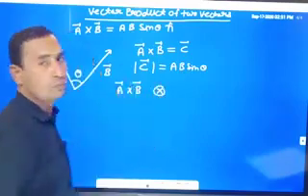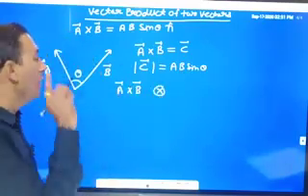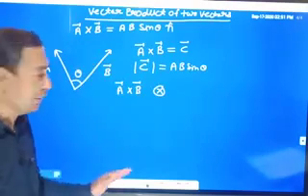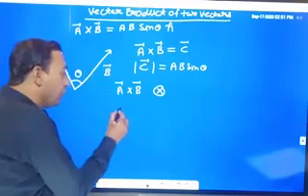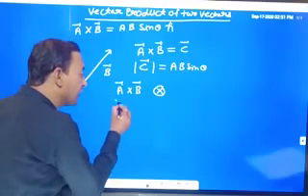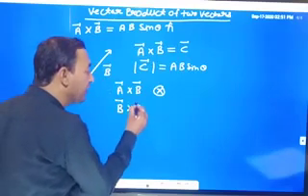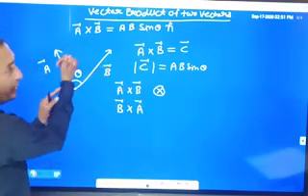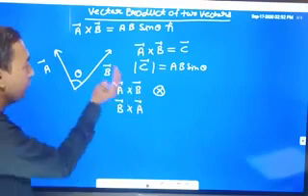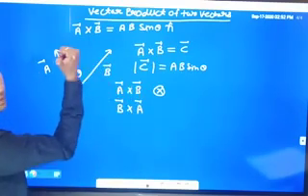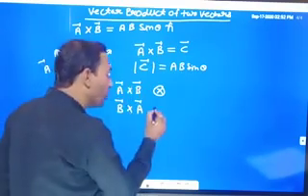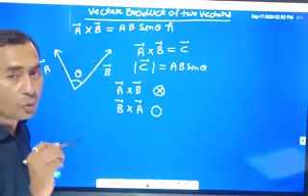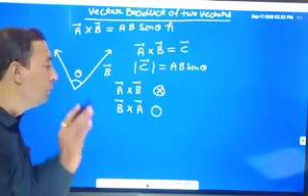Cross means inward perpendicular to the plane of board, inward. If we take the direction of b vector cross a vector, now rotate your fingers from b to a. So the thumb is outward. So direction of b vector cross a vector is outward perpendicular to the plane of board.